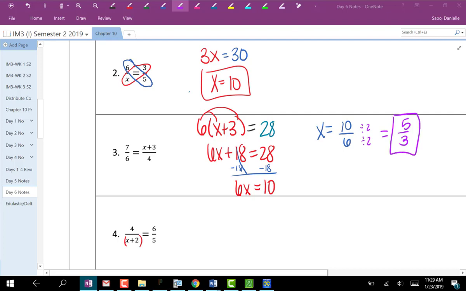See if you can get all the way down to there. Now again, if you gave me a decimal, great. I'm okay with that. See if you can press math enter and get yourself a fraction.